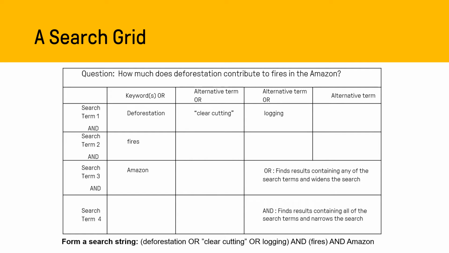So you can see I've put a little bit of a reminder here, finding results containing any of the search terms widens the search, and finding results containing all of the search terms narrows the search. So if I was going to do a type of search string in a search bar, it might look like something here at the bottom, deforestation or clear cutting or logging, and fires and Amazon.